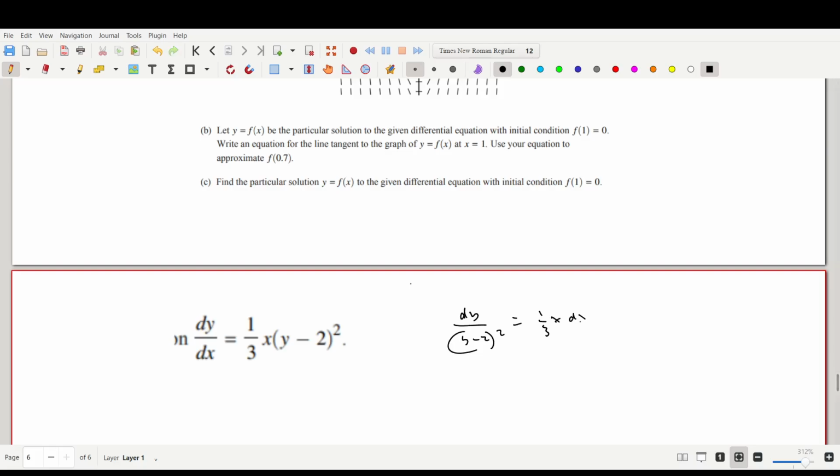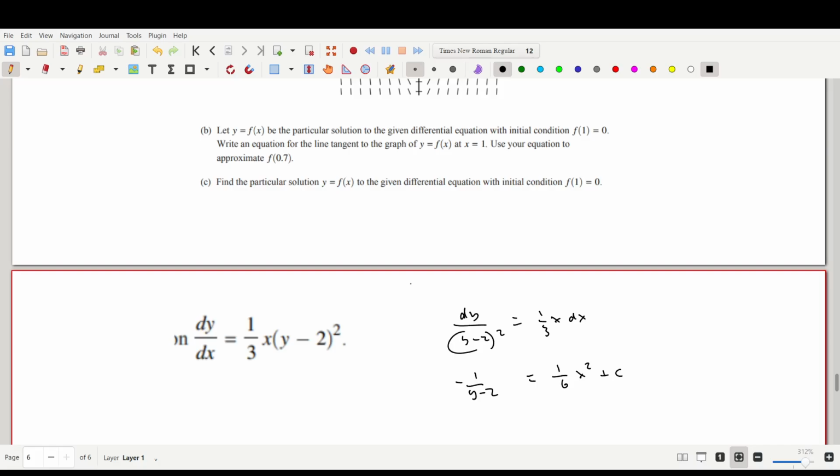And you integrate, and this one turns into 1 over 6 x squared plus c. And this one turns into something a little annoying. I think it's negative 1 over y minus 2.